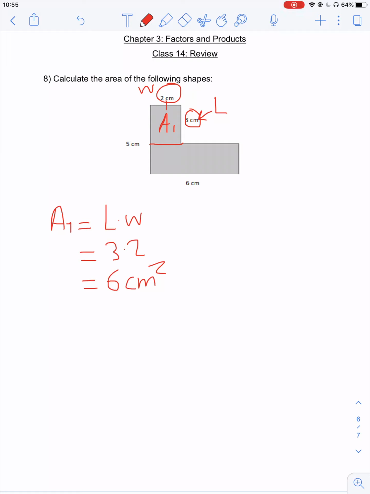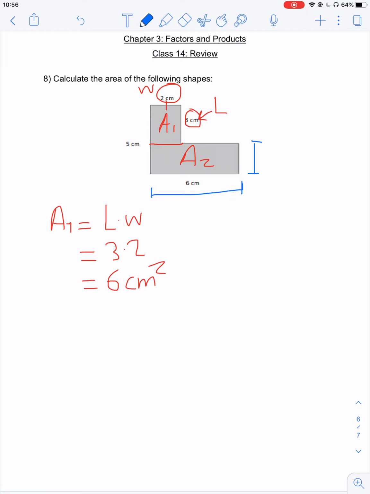Now that we know what A1 is, let's try to figure out what A2 is. This might be slightly challenging. I know that my length is 6 centimeters, but what I need to figure out is how much my width is. That's not obvious because it's not given to you directly.